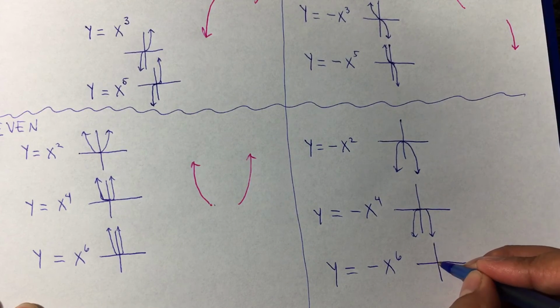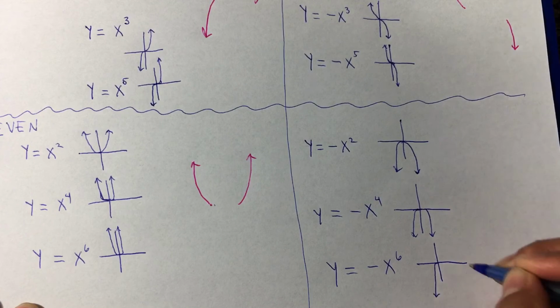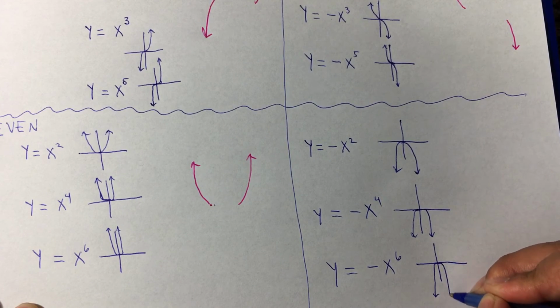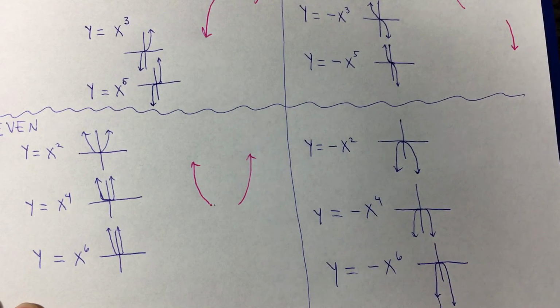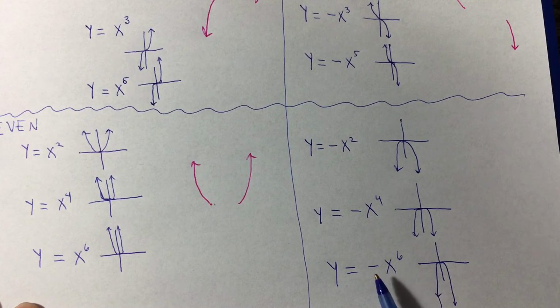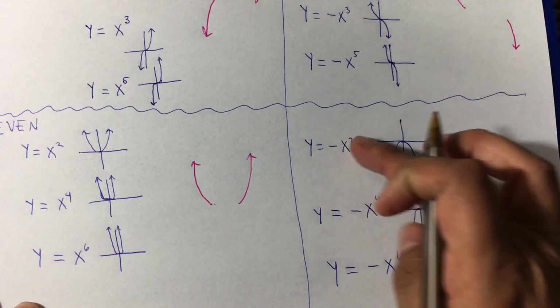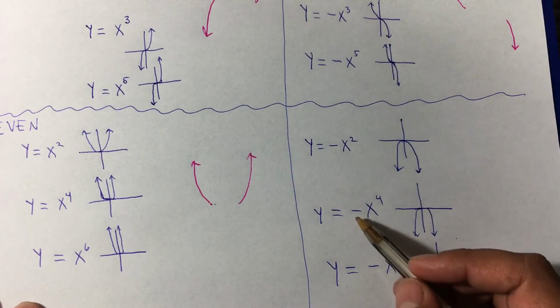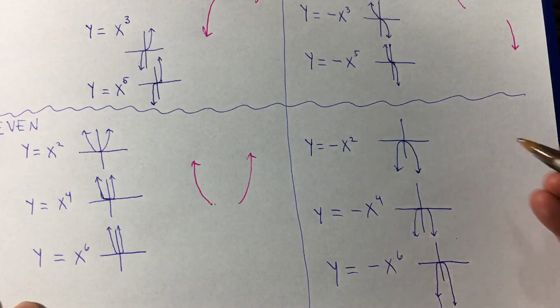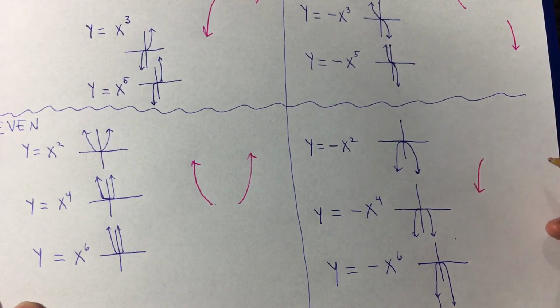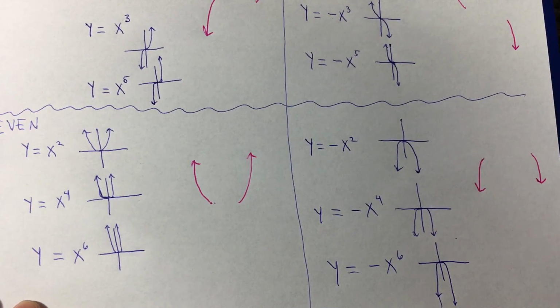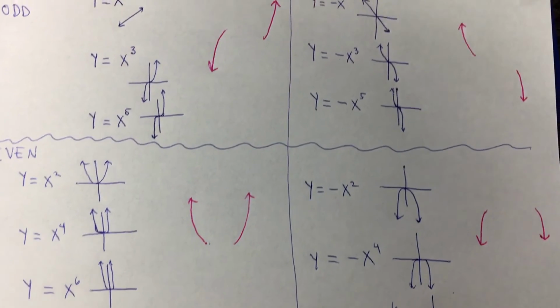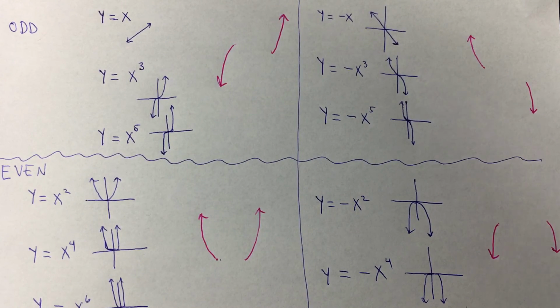Very similar, but growing a lot faster because it's a higher degree, so that makes it grow faster. Okay, so remember the even makes both hands go in the same direction. With the negative leading coefficient, both of them will point down. So this is the summary of this whole long video.